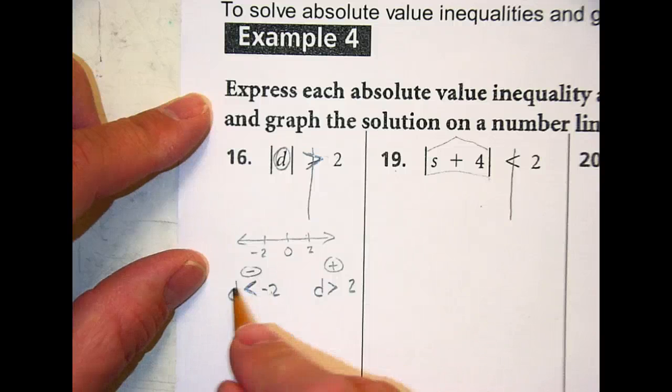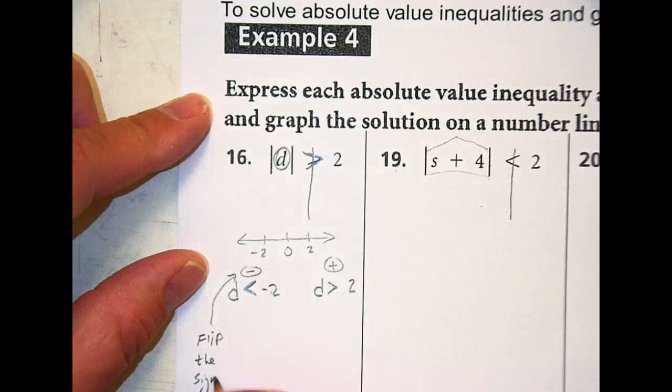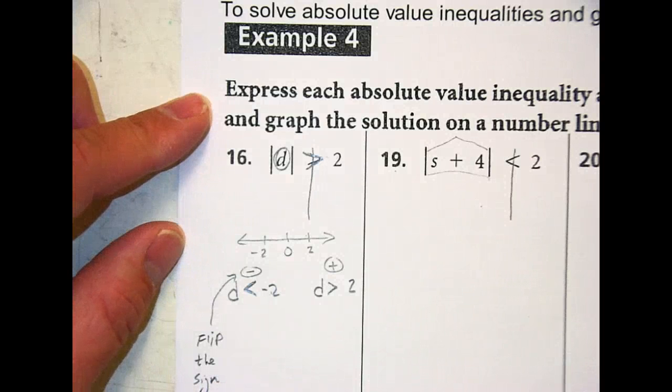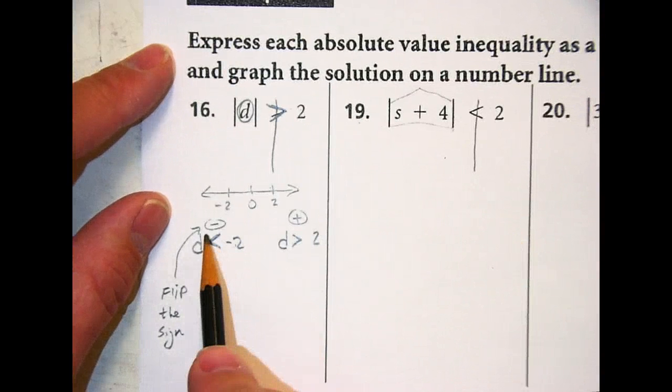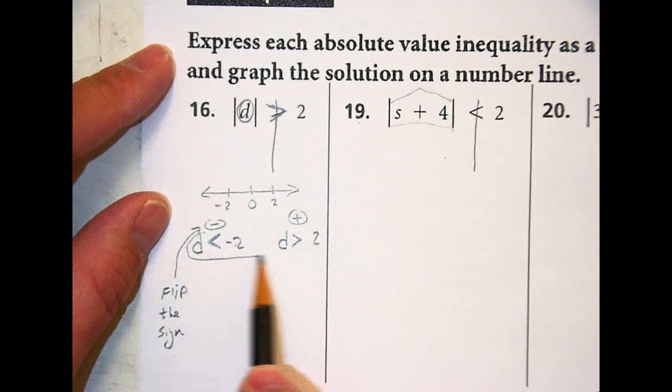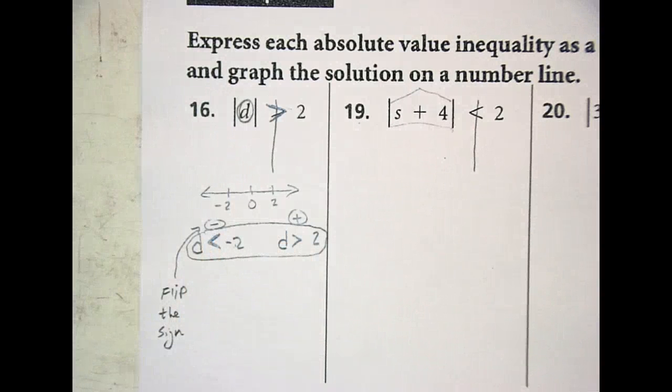So on your negative case, flip the sign. Okay, so we've almost expressed it as a compound inequality. We have 2 answers, 2 different rules. My question is, is that an and or an or equation?